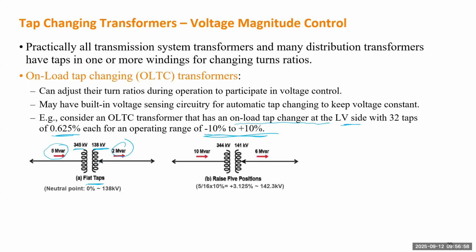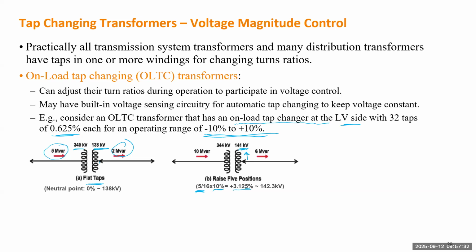If you want to increase the secondary voltage, you can move up the tap. By moving up the tap, you see the voltage will increase. In this case, we move up by 5 taps. Because the total number of taps is 32, on each side there will be 16. 5 divided by 16 multiplied by 10%, which is equal to 5 multiplied by 0.625%.